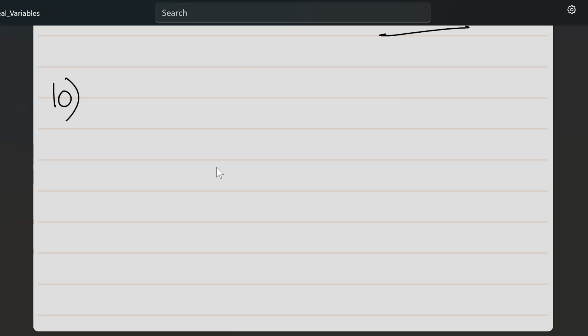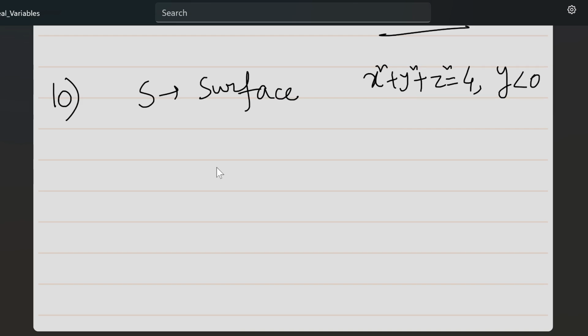So this is the last question. S is a surface: x square plus y square plus z square equal to 4 and y less than 0 together. That means a half sphere, that's why they are calling it a hemisphere.